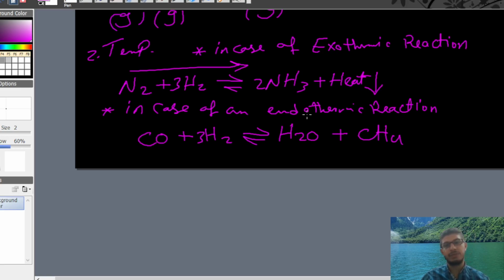Of course, in the case of an endothermic reaction, you will put the heat energy next to the reactants, right? So if you increase the heat energy in an endothermic reaction, what would happen? If you increase the temperature, the reaction will shift in the forward direction, increasing the concentration of methane gas and water.